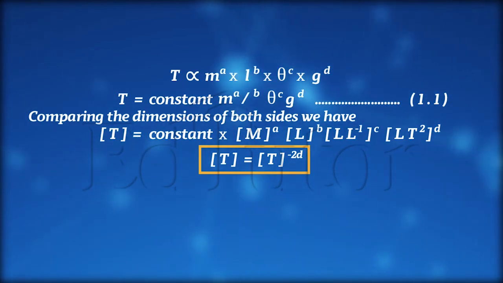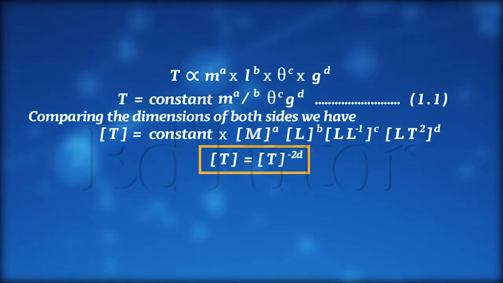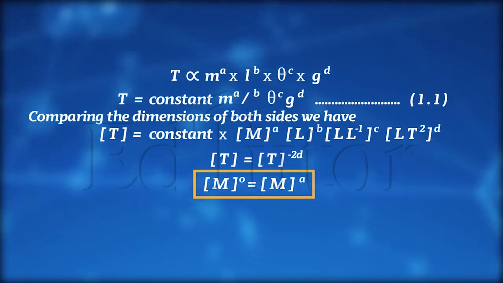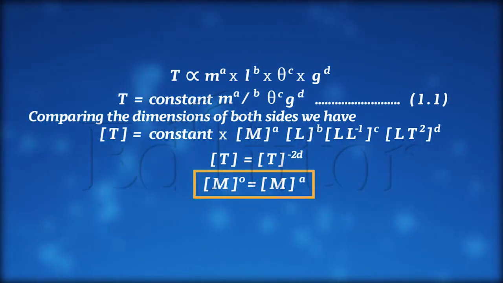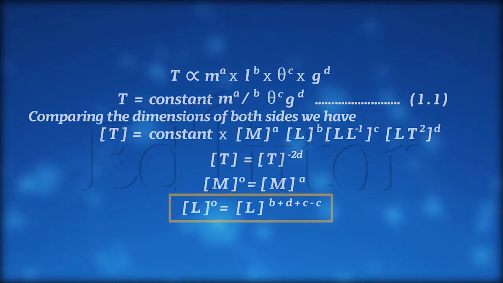T raised to the power 1 is equal to T raised to the power minus 2d. M raised to the power 0 is equal to M raised to the power a. L raised to the power 0 is equal to L raised to the power b plus d plus c minus c.